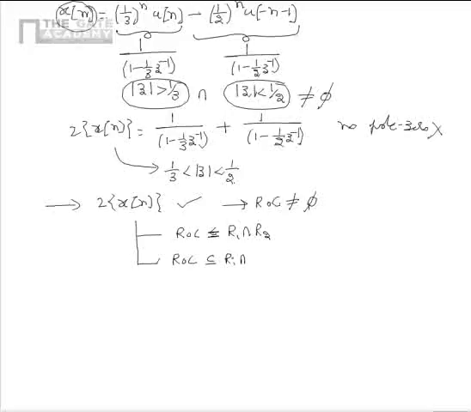If there is no pole zero cancellation, ROC is equal to R1 intersection R2. If there is a pole zero cancellation, ROC is a superset of R1 intersection R2.